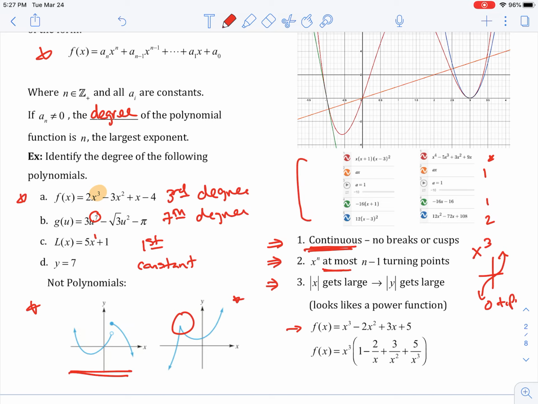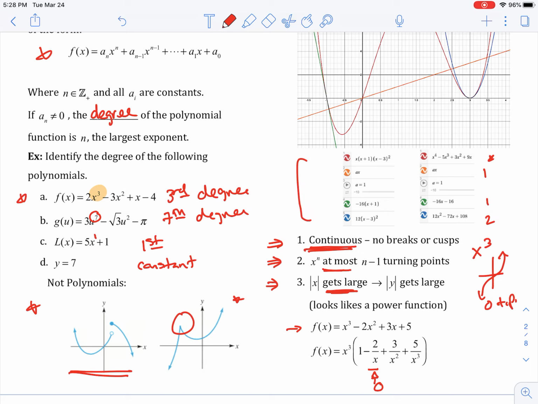And if we consider a very large value for x, then if I were to have 2 divided by a very large number, the larger that x gets, the smaller this fractional quantity is going to get, and that fractional quantity of 2 divided by a very large number is going to get closer and closer to 0.